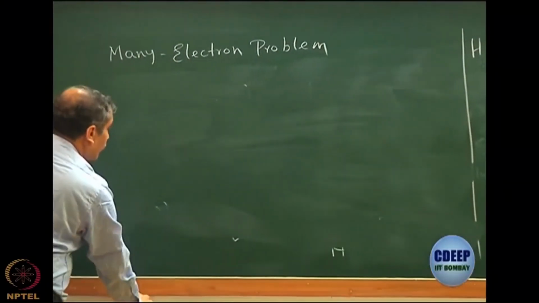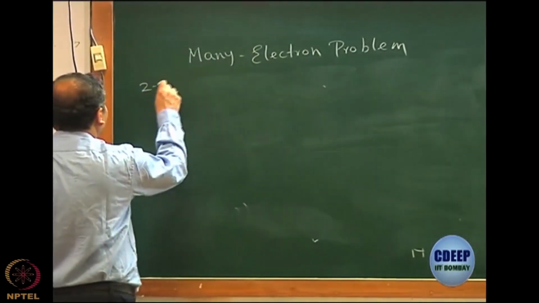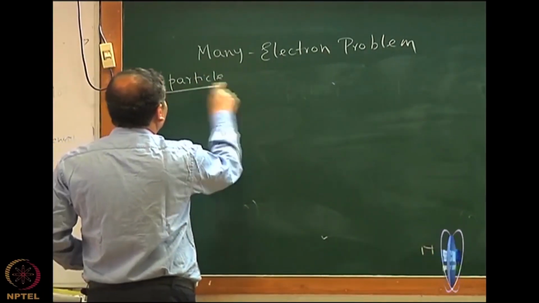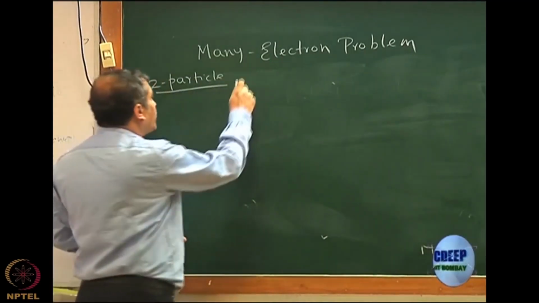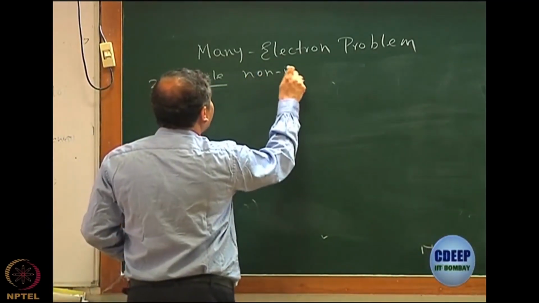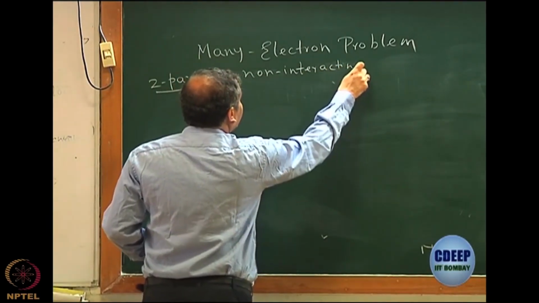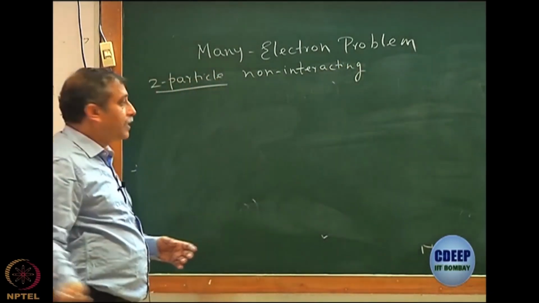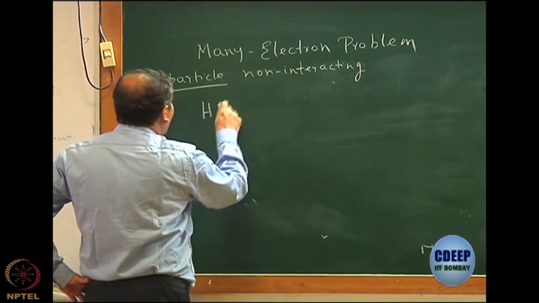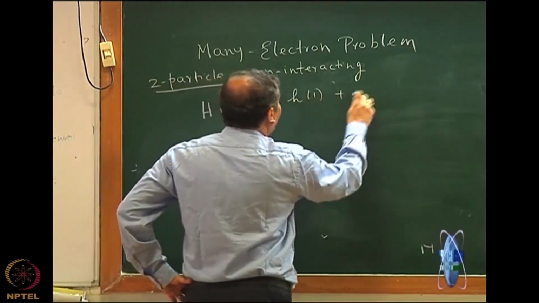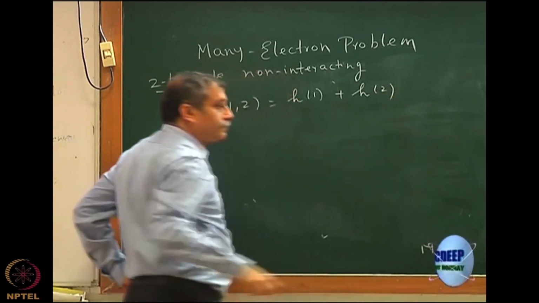Let us again concentrate on a two particle problem, because two particle problems are very instructive. They give you all the physics that is required and they are simple to analyze. So, my Hamiltonian now is just h of 1 plus h of 2, right.